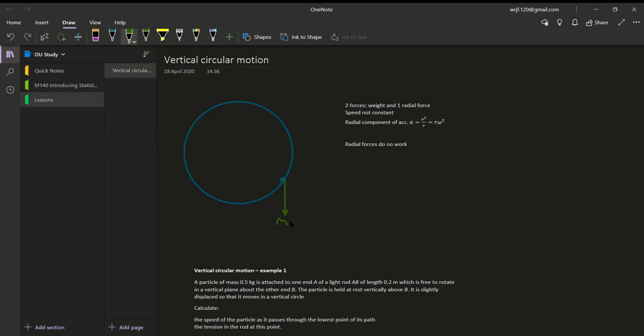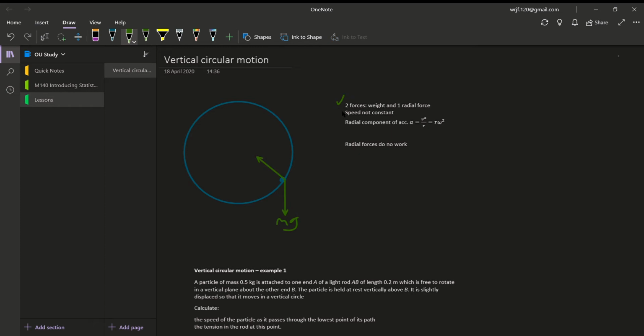So it's restricted to that force and then just one other force, no more than one other force, and that other force will be directed along the line of the radius. It could be outwards from the circle in certain situations, which we'll look at in another video, but mostly it's going to be inwards, directed towards the center of the circle. So that's the first key point to recognize.